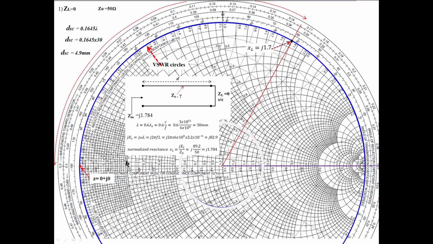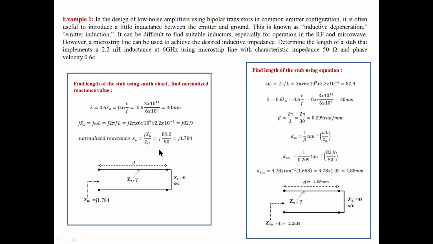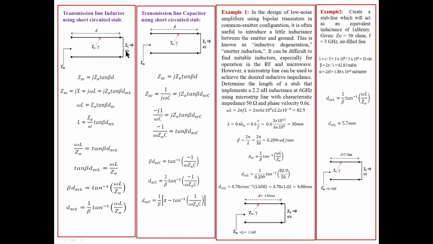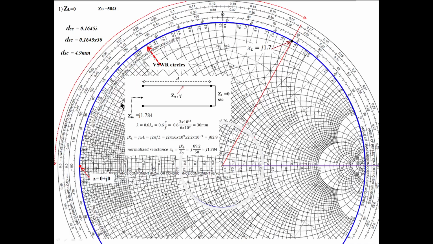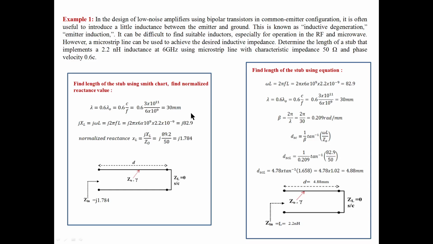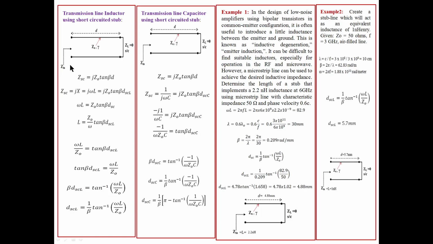So here, we marked the load and drew the VSWR circle. Next, what I want is to get an inductor value of 2.2 nanohenry.